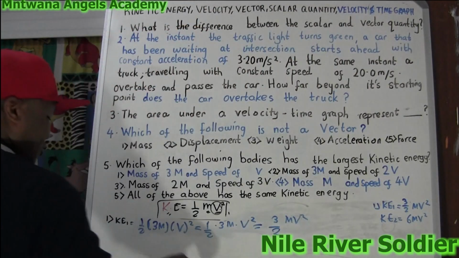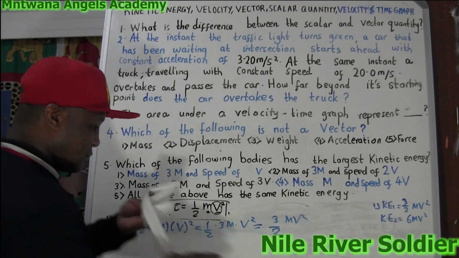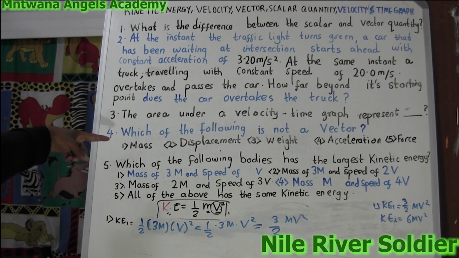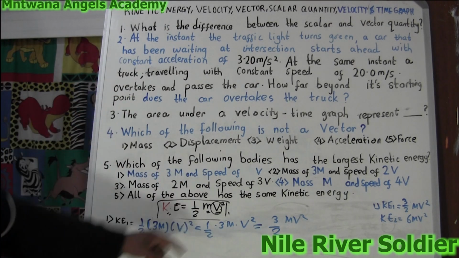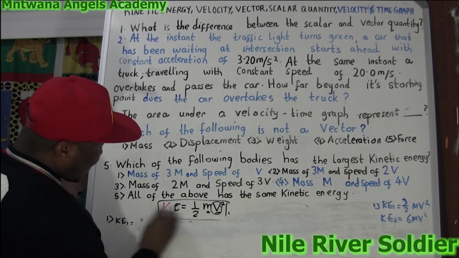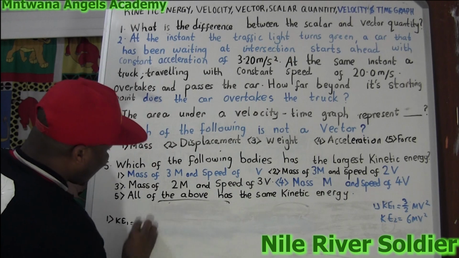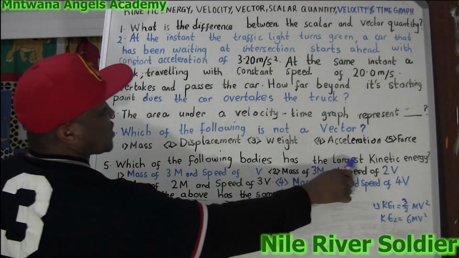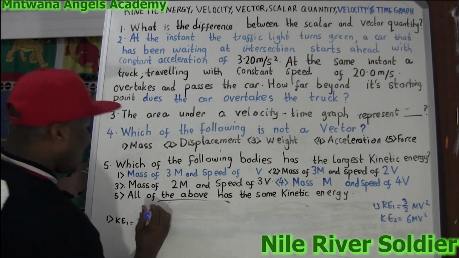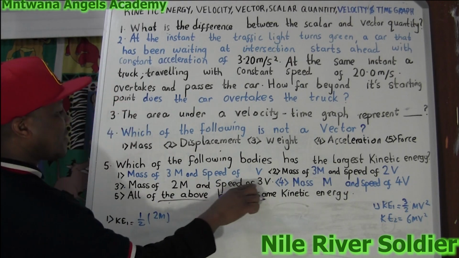Now let's go for the next one. Which question? Number 3, I want to check. We're going to check the largest one, because according to the question, it's the largest kinetic energy. So a half mass. What is the mass for 3? Mass equals m, and velocity equals 3v.